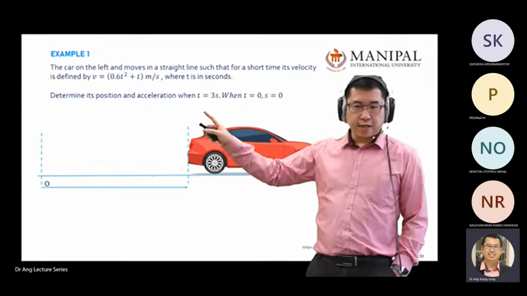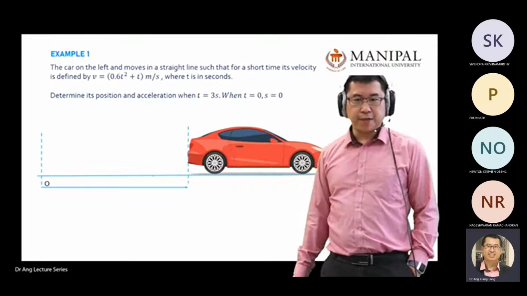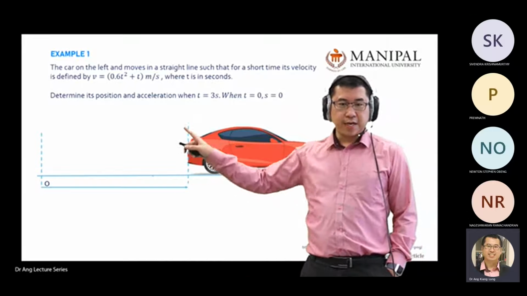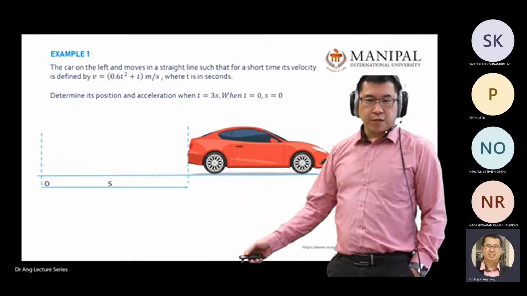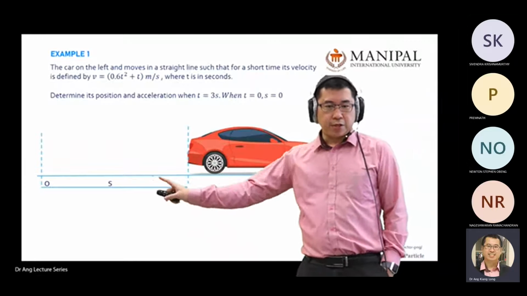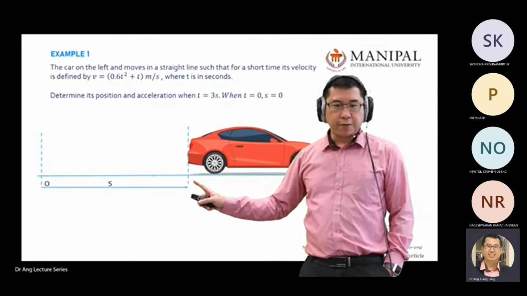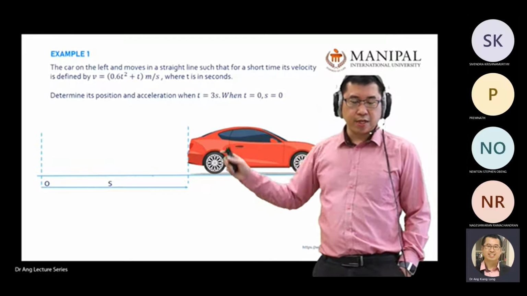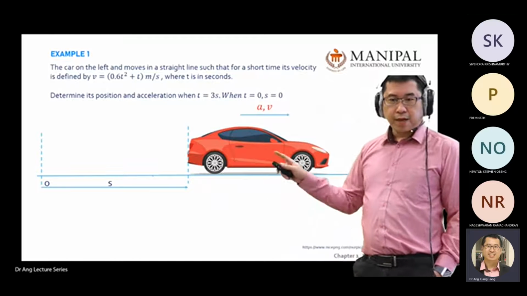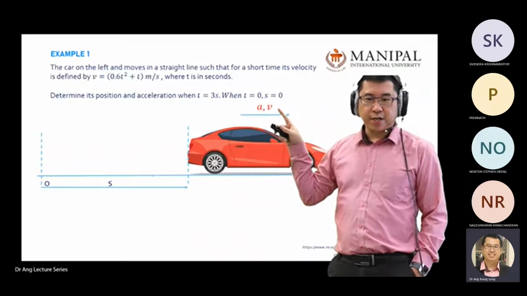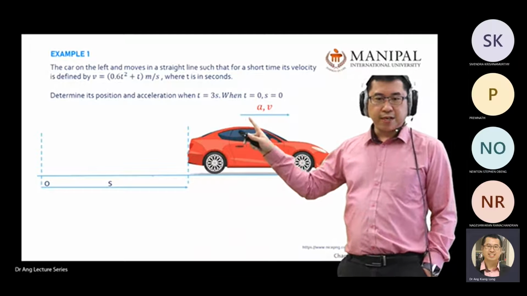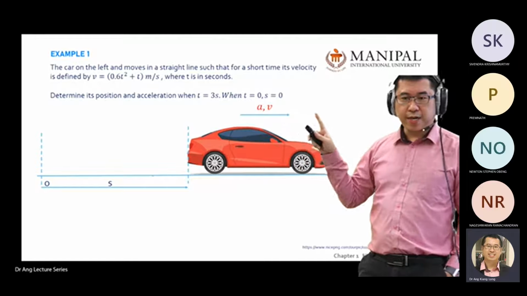Exactly at 3 seconds, what happened to the displacement and acceleration, or position, right? So you put in s from 0 to the final position. This one is at t equal 3, and put in your answer, you're finding acceleration and velocity. Remind yourself that all direction to the right is positive.